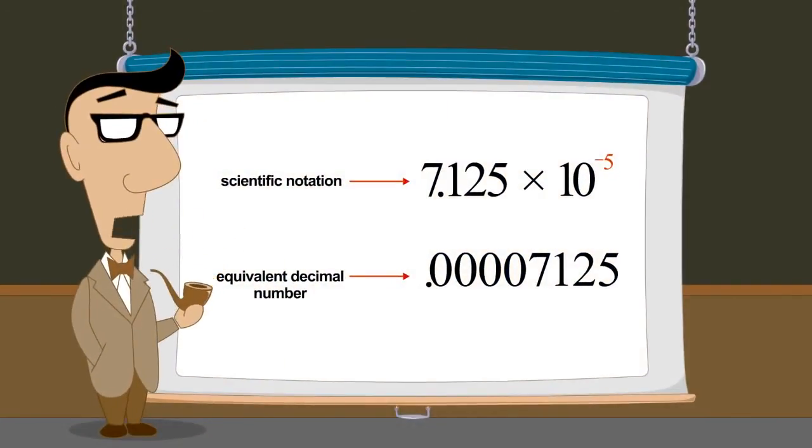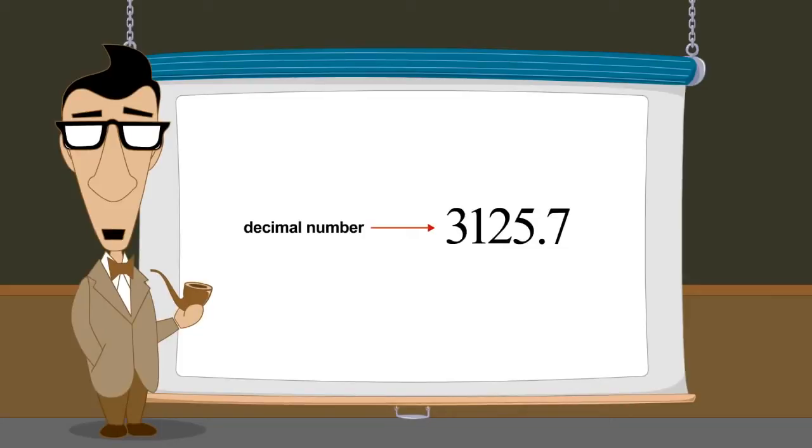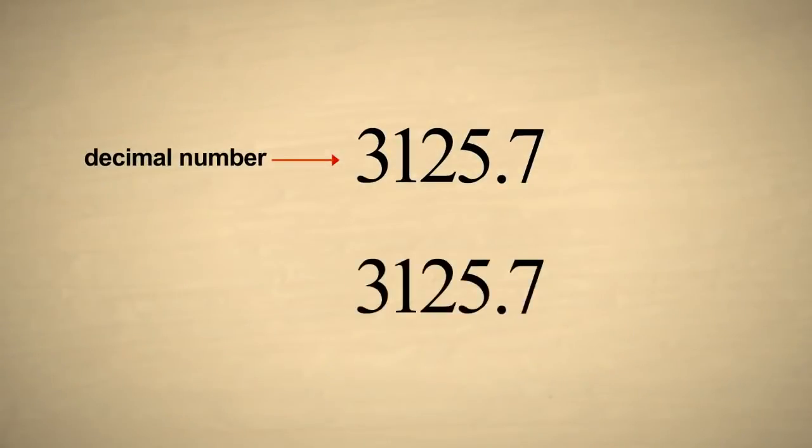Now that we have seen how to convert a number written in scientific notation to a standard decimal number, let's convert a decimal number into scientific notation. We'll start by adding a multiplier of 10 to the 0 power. This is the same as multiplying by 1, so the value of the number is unchanged. For a number to be written in scientific notation, the decimal point must be positioned immediately after the first non-zero digit of the number.